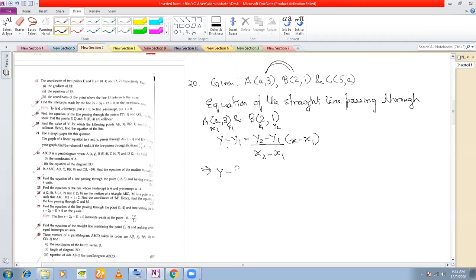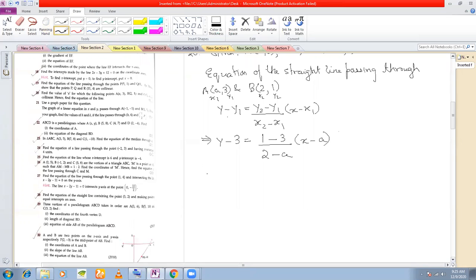So y minus y1 is 3, y2 minus y1 divided by x2 minus x1 into x minus x1. So y minus 3 is equal to minus 2 by 2 minus a into x minus a.